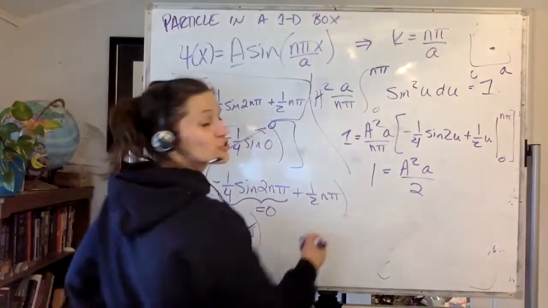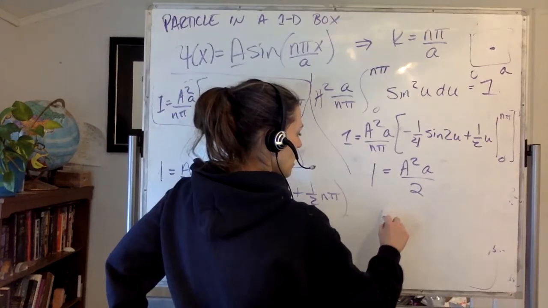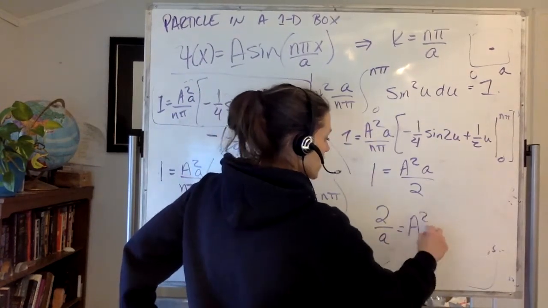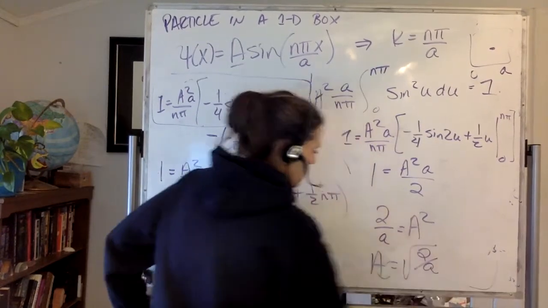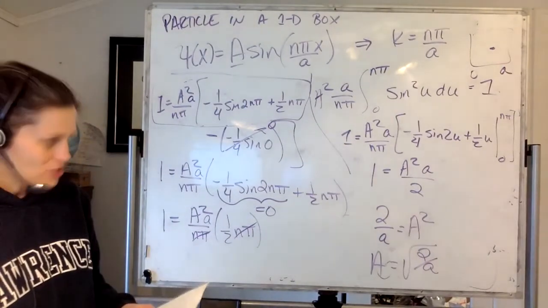Solve for big A, I should say. So I've got 2 over a is equal to big A squared, which means A is equal to the square root of 2 over a. Wow, that was a lot of work for that.